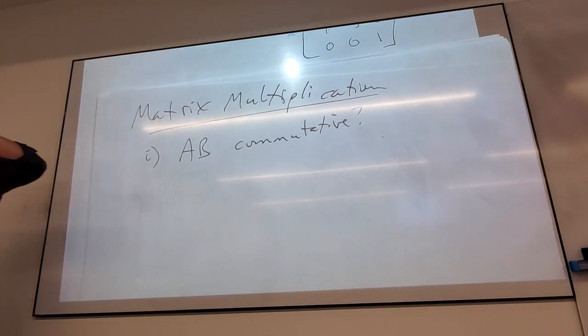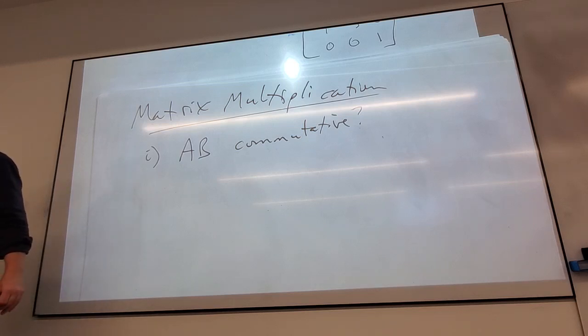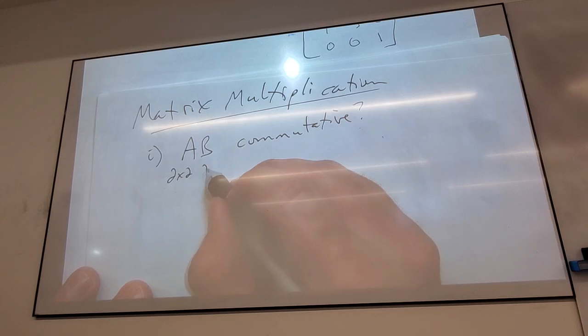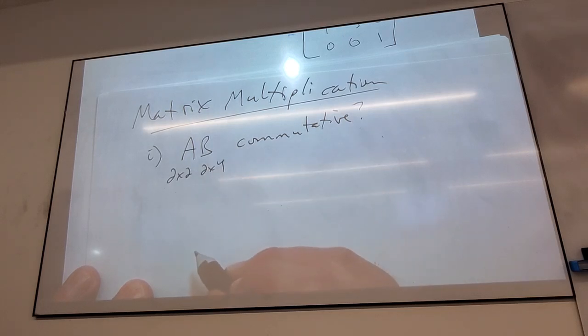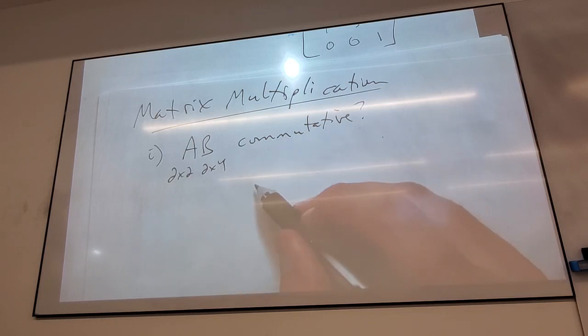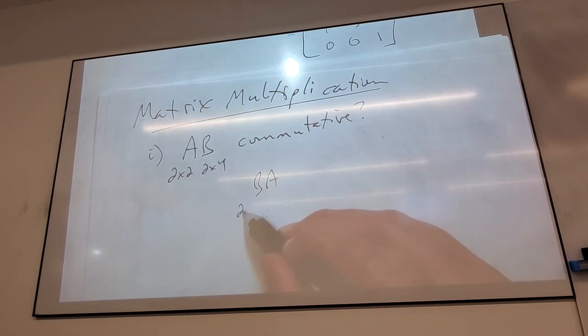Can somebody come up with a very, very quick example that would show me it's not commutative? You don't even have to do any matrix multiplication. You can't do it 2 by 2 and 4 by 2. Okay, good. So like if A was 2 by 2 and B was 2 by 4, that's doable, correct? And what would BA be then? Is BA doable?